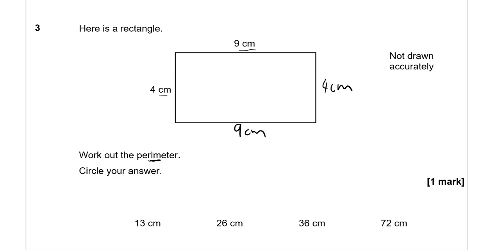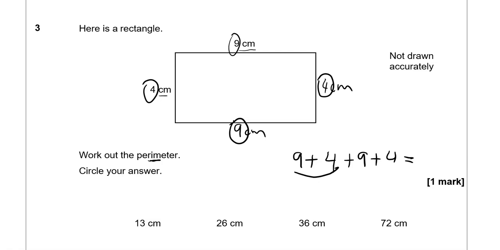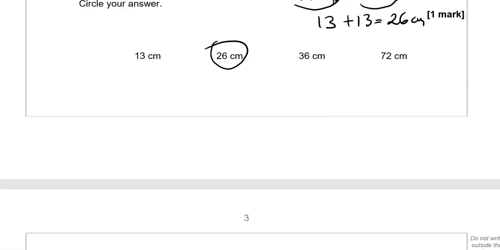So we'll go around 9, add 4, add 9, add 4. So 13, add 13, gives us 26 centimeters. And you could have just added all of these with a calculator as well.